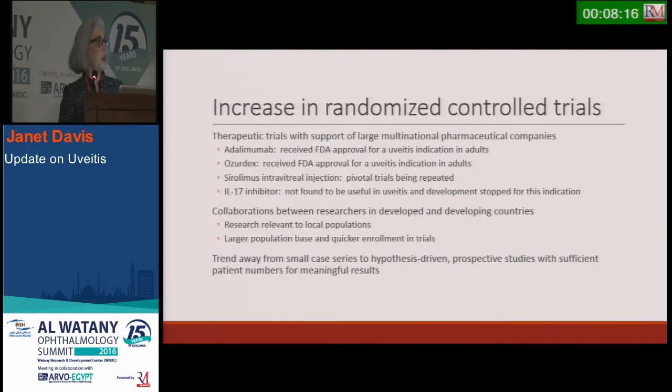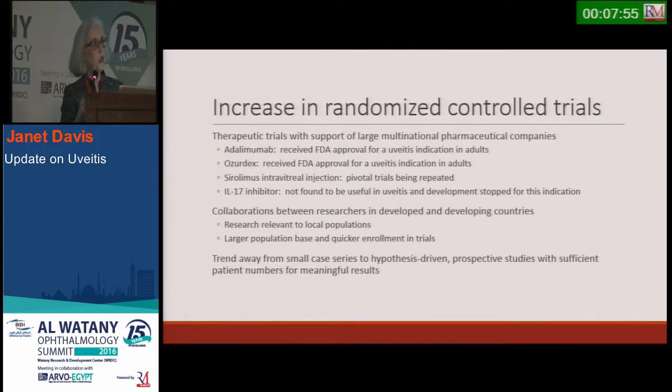So there are also a large number of collaborations between researchers in developed and developing countries. Indian uveitis clinics have tremendous numbers of patients, and it enables clinical trials to proceed by enrolling larger numbers of patients in a more rapid period of time, so you get your outcomes quicker. The research becomes more relevant in that fashion.